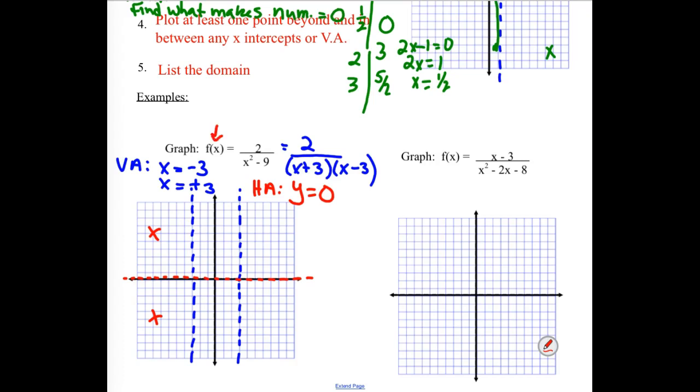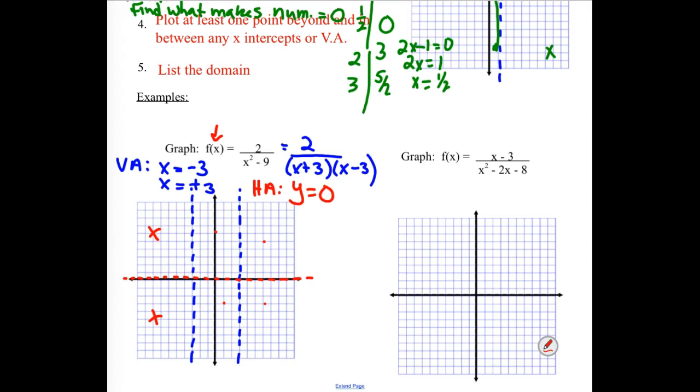F of x. It's supposed to be a function. If I have a branch in the 2 quadrants or the 2 little pieces where I put that x, would it pass the vertical line test? No. Okay? So you're going to have a branch in one of those 2 spots. You're going to have a branch in one of these 2 spots. Does that make sense? And something over here in one of them, but not both.